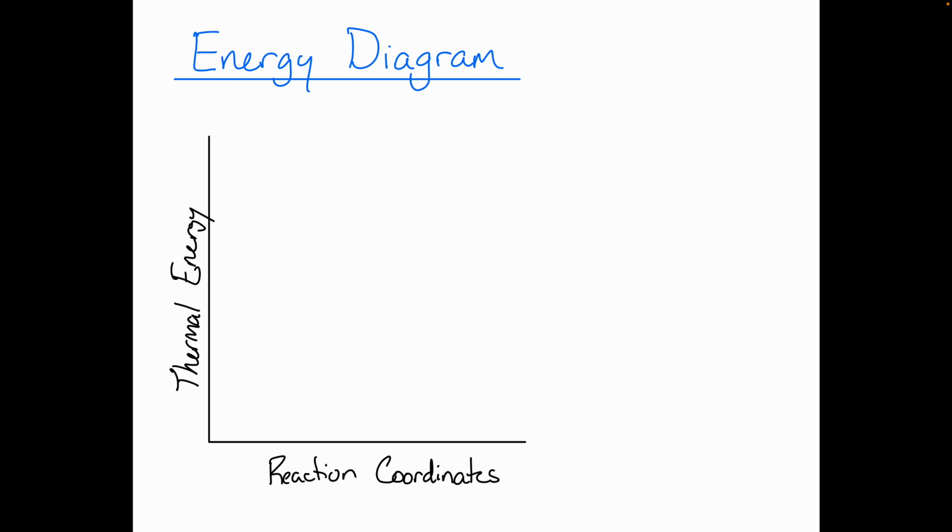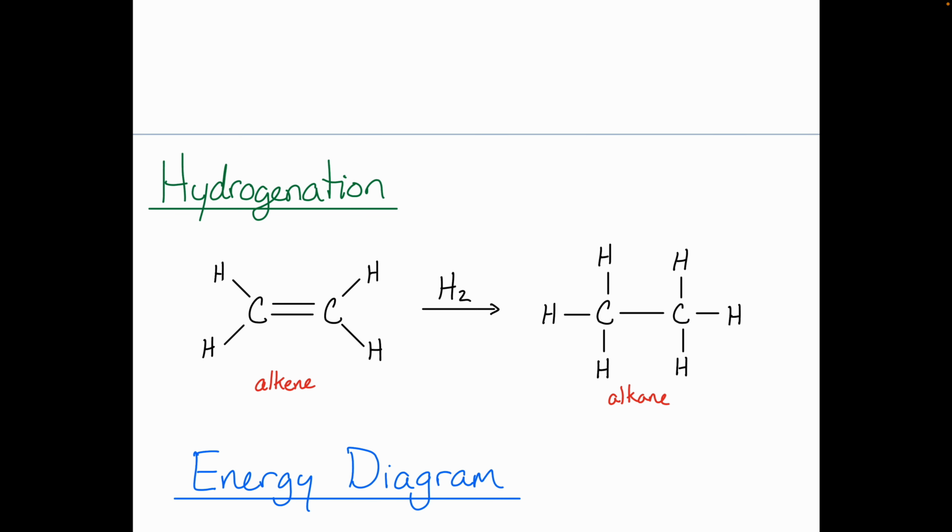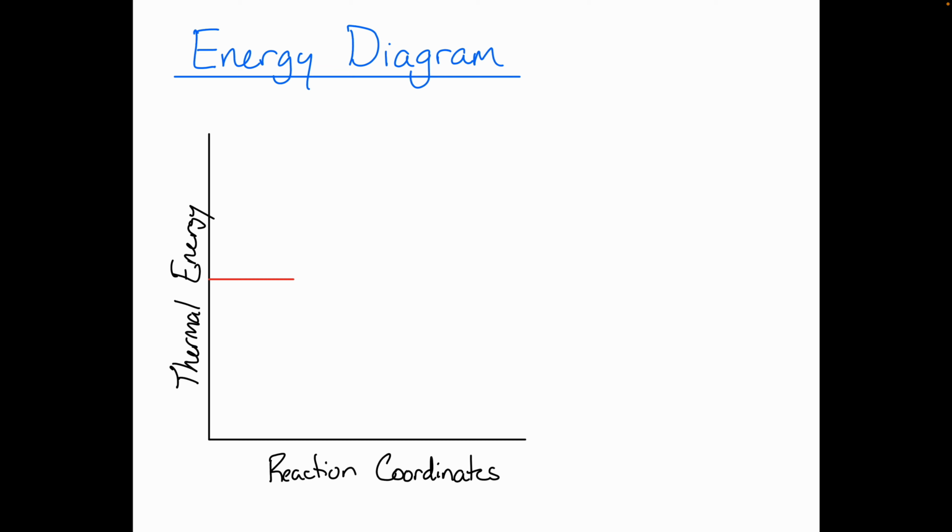And this is how the energy of a reaction is changing, or how the energy of a system is changing as a chemical reaction occurs. Over here on the left-hand side of our graph, we have our starting energy of our reactants, which in this case, as we said, are our alkenes. And on the other side, we have the end energy of this reaction, the energy of our products, which again we said are alkanes.